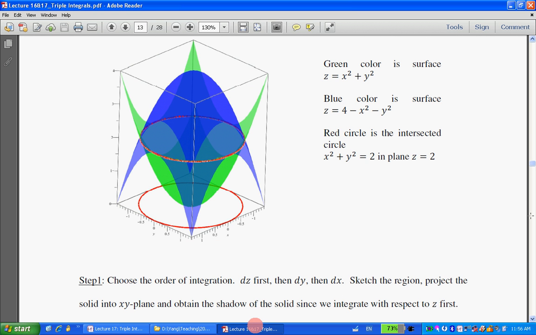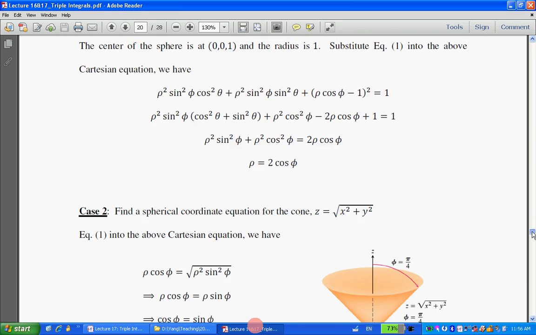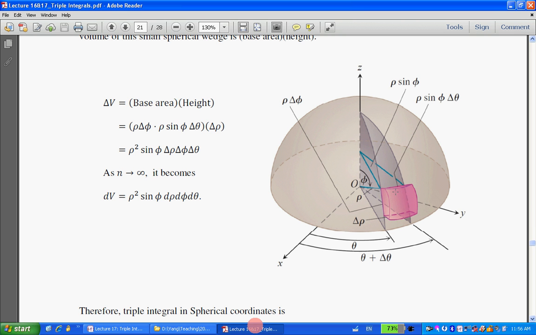I'm going to show you the infinitesimal approach just quickly. We're not going to go into details. This is what I mean by infinitesimal volume: you take a very small volume out of a spherical solid. The way to cut out this volume is slightly different from the way you generate the volume using Cartesian coordinates. Basically you use the layers of the surface and the layers of radial lines to cut that dV out.